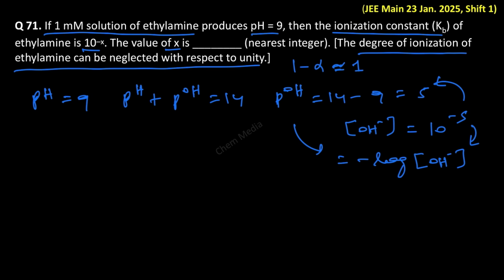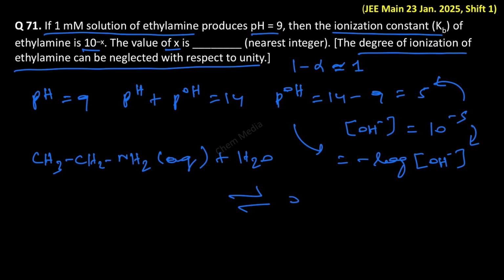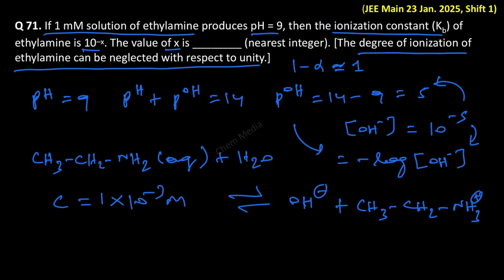Now we have ethylamine, which is a weak base, and in the aqueous medium it accepts a proton and gives us OH minus and ethyl ammonium ion. The initial concentration that we have here is 1 times 10 to the power minus 3 molar, because it is given in millimolar, and we will have nothing on the product side.